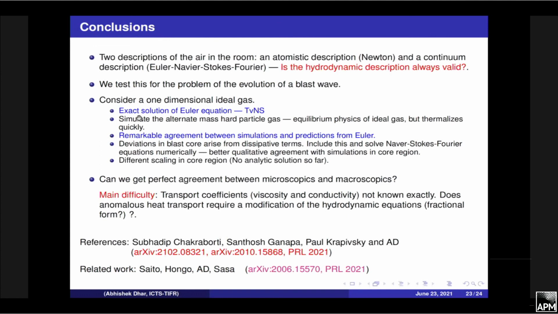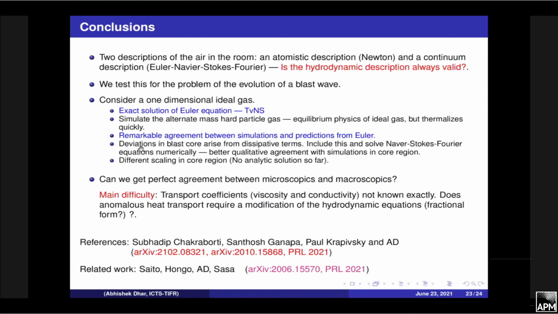What we find is that this model is really nice because there's an exact solution which you can compare with, and the microscopic model is nice because it has the same equilibrium physics as an ideal gas, but it thermalizes quickly. And we find a remarkable agreement between simulations and predictions from Euler.